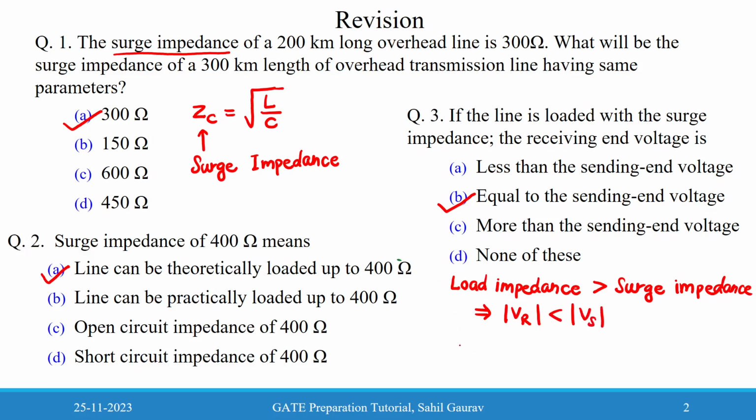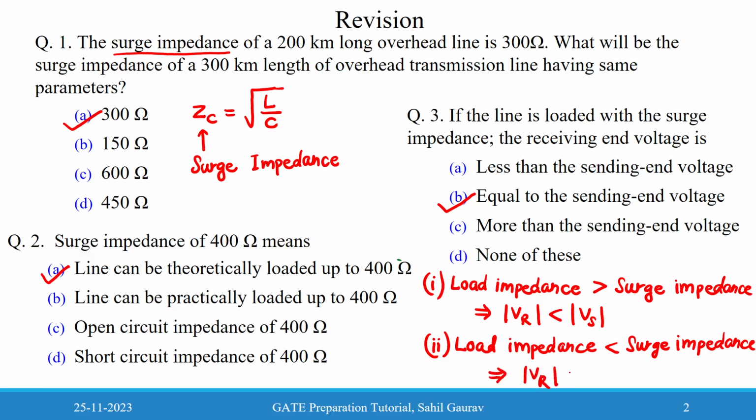And vice versa, if load impedance is less than surge impedance, then receiving end voltage will be greater than the sending end voltage.